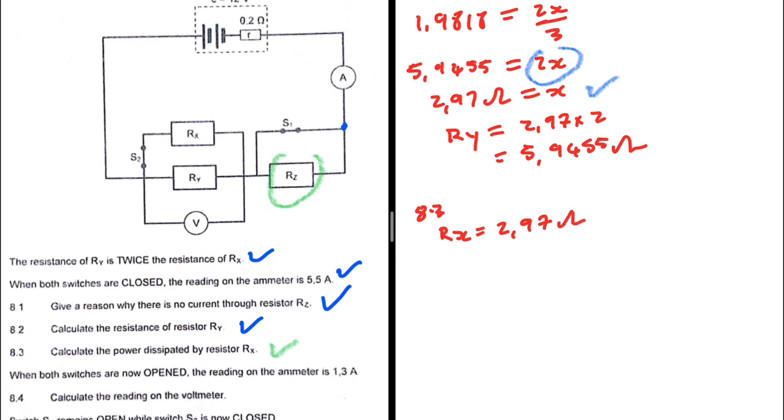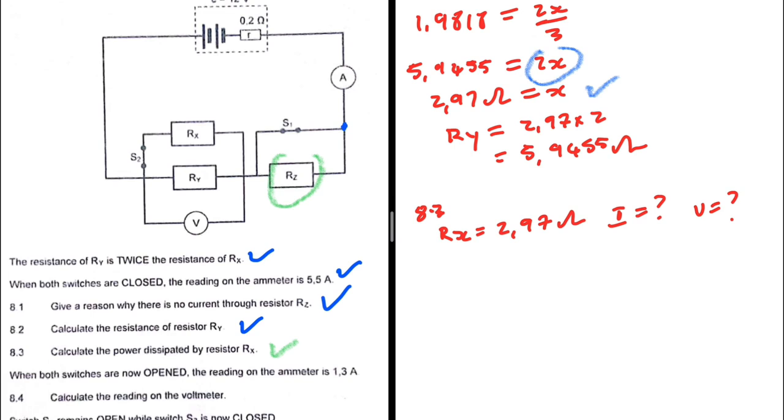In order to calculate power, we need either the current or the voltage through X, one between the two. To find the current through X, I would need to find the voltage, the potential difference that X causes. So it's better I just calculate the potential difference that Rx causes instead.